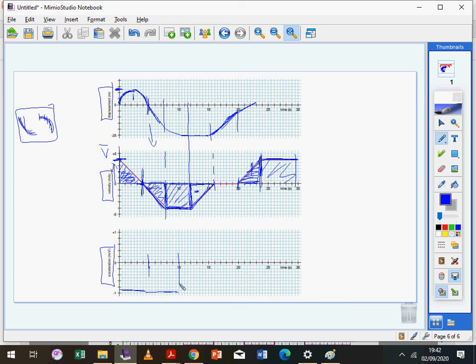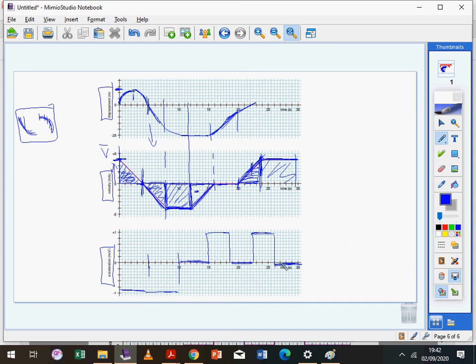From here to here, constant velocity, so zero acceleration. From here to here, the speed is increasing in the positive direction, so that is a positive acceleration. From here to here, zero velocity, so zero acceleration. This section up here has a positive acceleration again, and then constant velocity, zero acceleration.